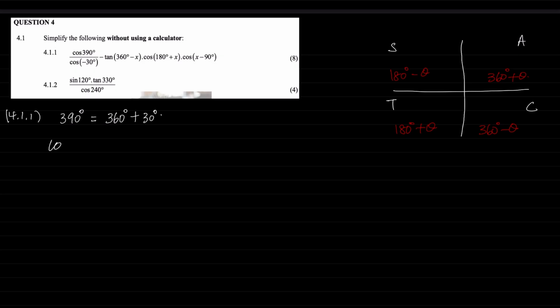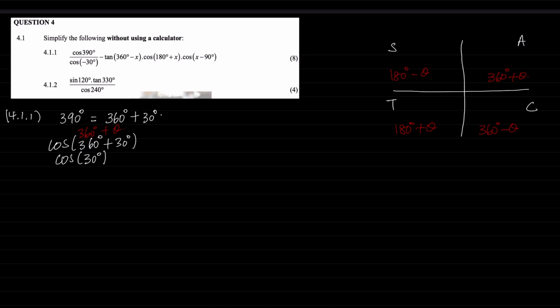So cos of 390 can be rewritten as cos of 360 plus 30. Now 360 plus 30 is first quadrant. If it's not too clear, we can write that as 360 plus theta. So that will reduce to cos theta, so cos of 30 degrees.